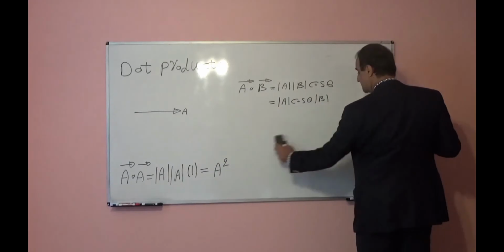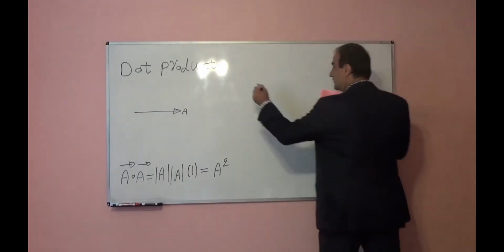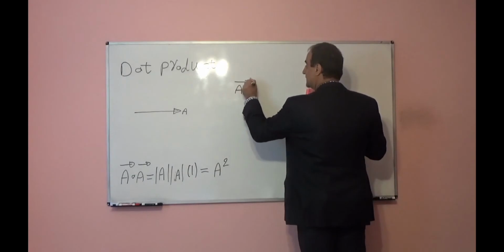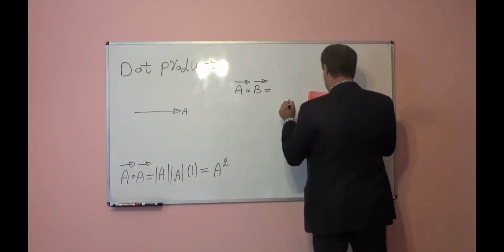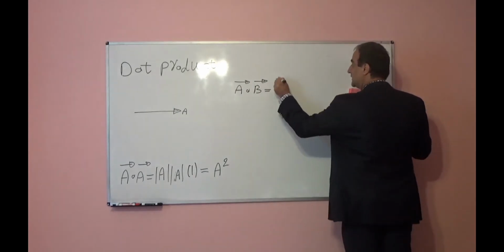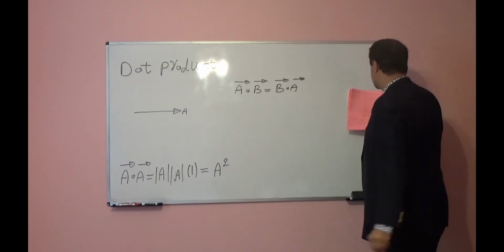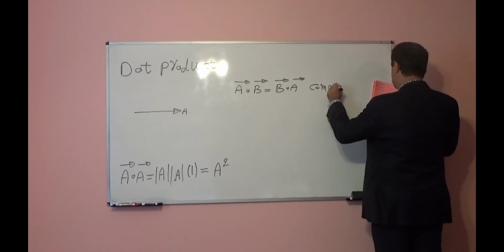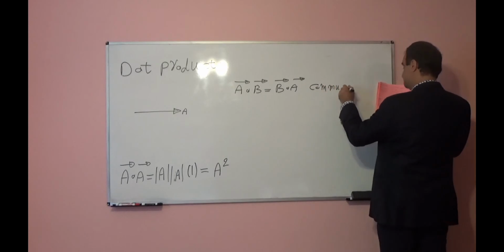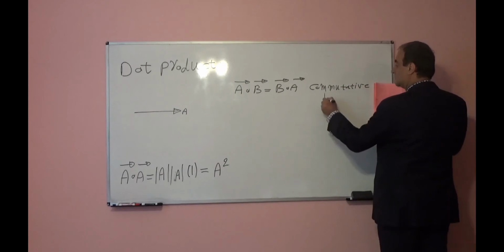For the dot product, so now we know A dot B is equal to vector B dot A. If you remember this property, we call it the commutative property.